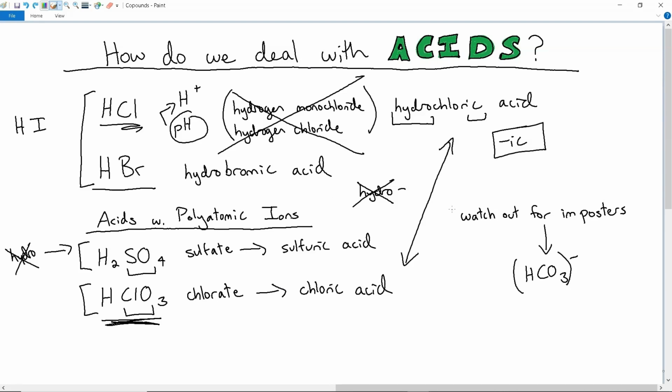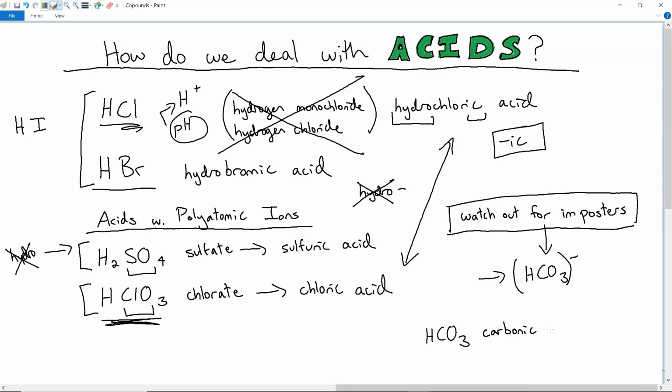Let's look at one more interesting example. We do need to look out for acid imposters. Some people may look at this polyatomic ion right here, HCO3, and think that it's an acid, because if we would write it out like this, without the charge, we could call it carbonic acid, because we have the carbonate ion.